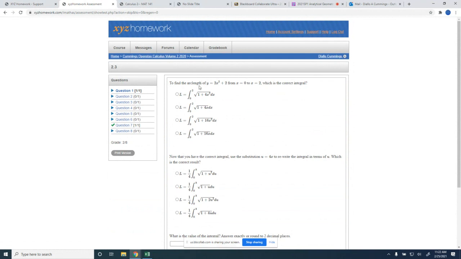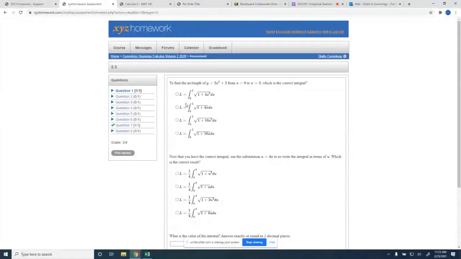For number 1, we're asked to find the arc length of y equals 2x squared plus 2, from x equals 0 to x equals 2.